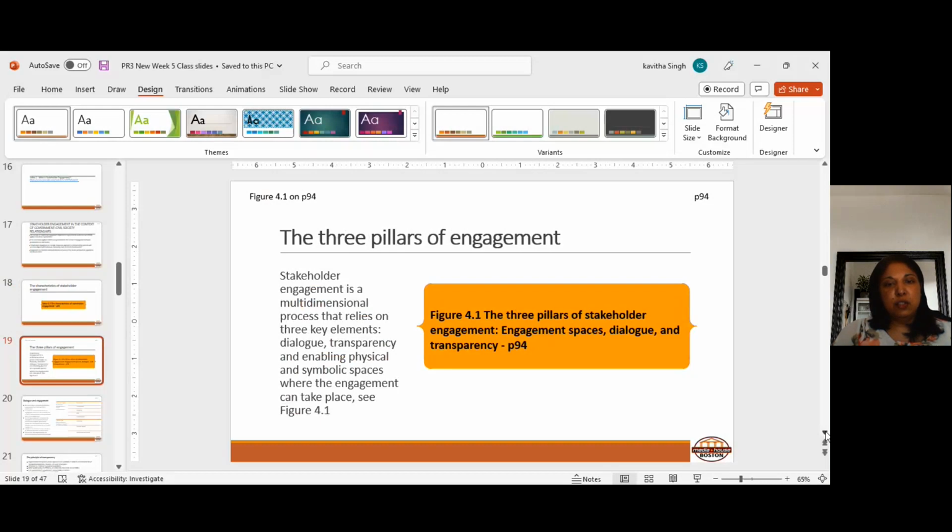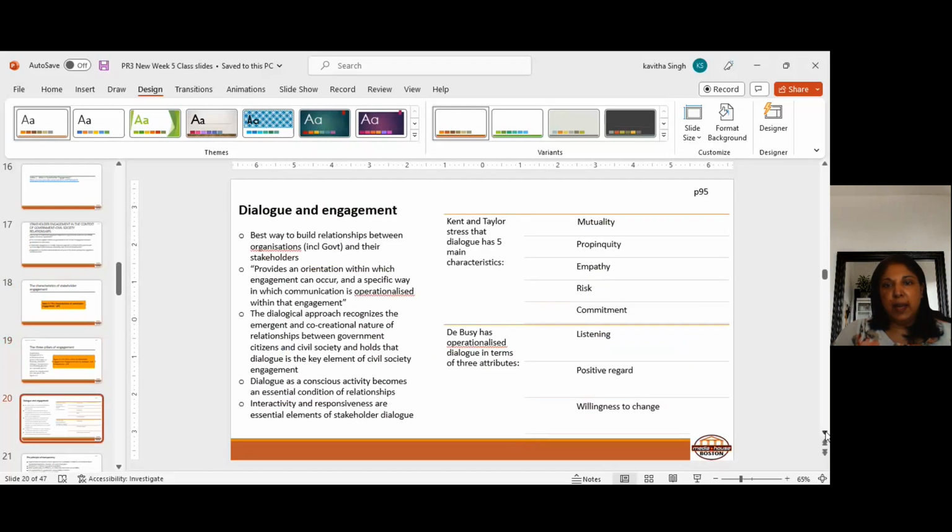The illustration is on page 94, figure 4.1. It's in the shape of a triangle. When we look at dialogue and engagement, it is one of the best ways to build relationships between organizations, and that includes government, as well as the stakeholders.